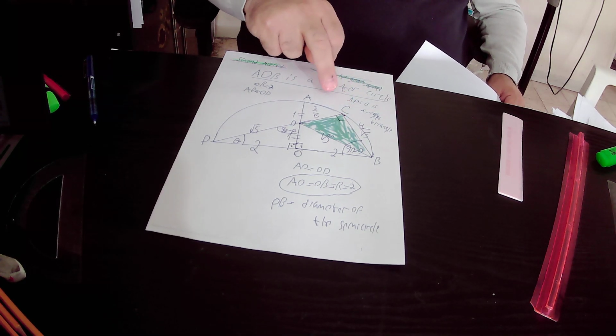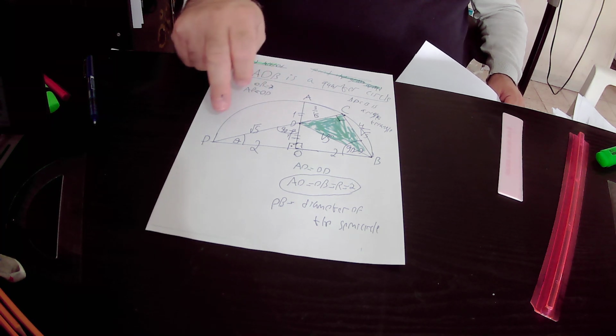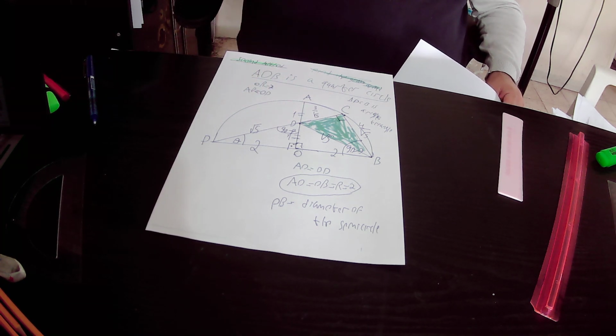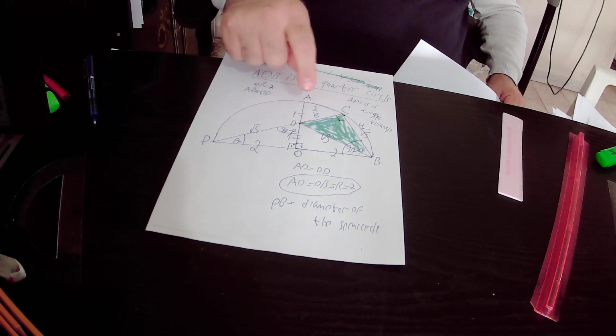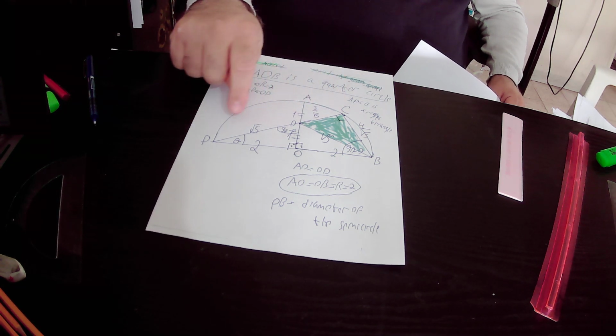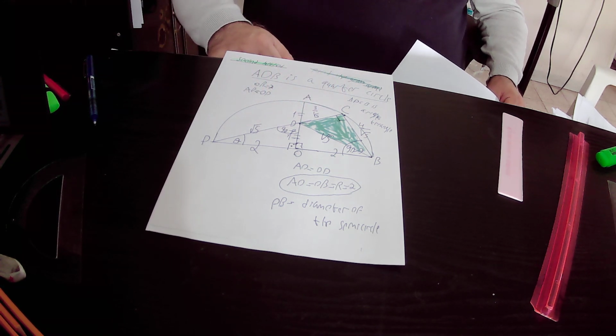That is to say, the extended CD must pass through point P, because any peripheral angle that is equal to 90 degrees must rest on the diameter, and the diameter is PB. Therefore, the extended CD must touch point P. Okay?